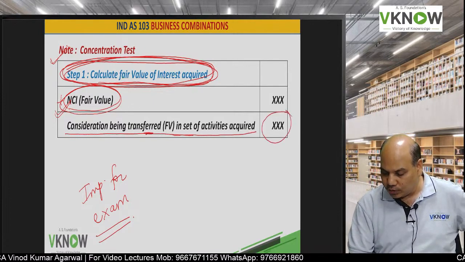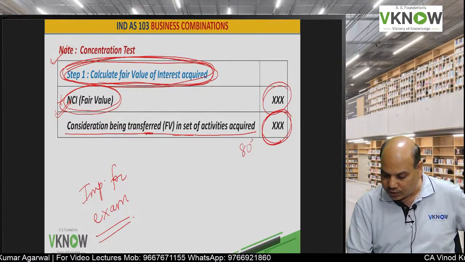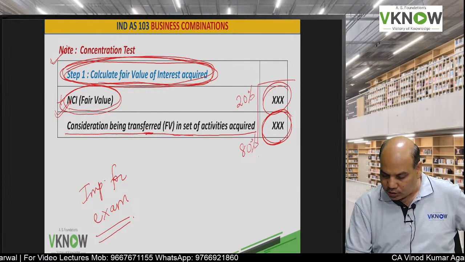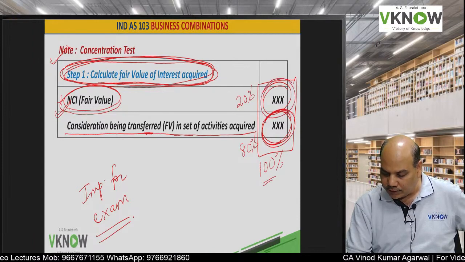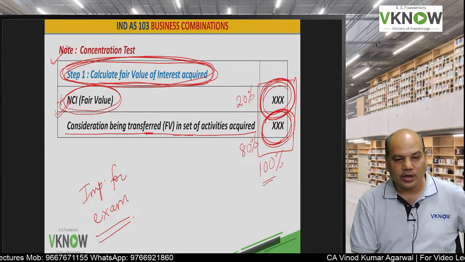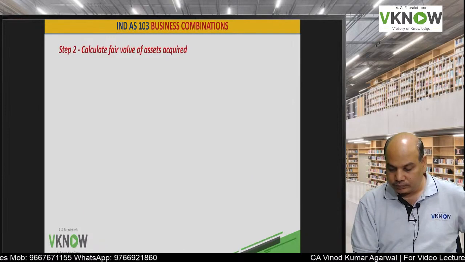So this is what you have paid and this is the value of NCI. So if you have acquired 80%, this is 20%. So total, you are actually paying 100%: what you paid plus the value of the non-controlling interest in that business.